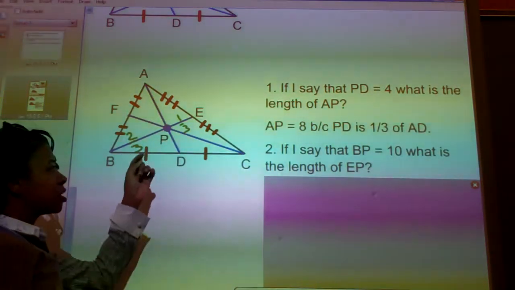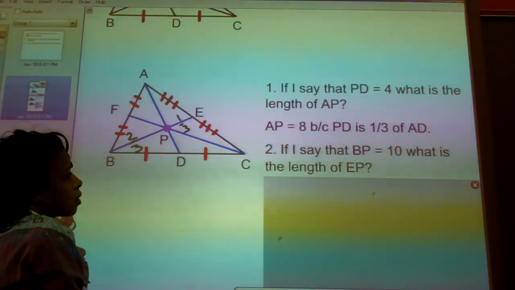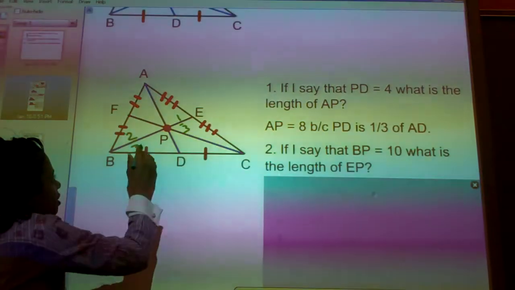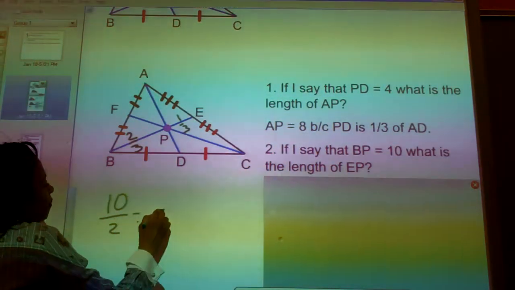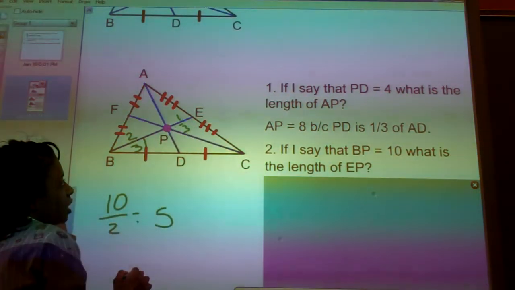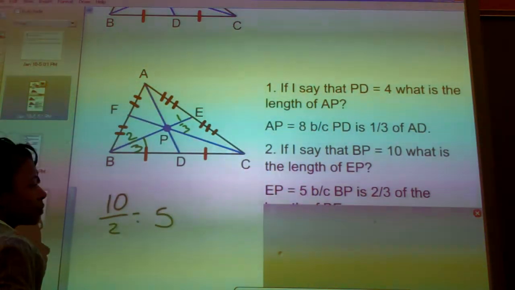If BP is 2/3 and I know that BP is 10, what is the length of EP? If I take half of 10, that is 5. That means each third is 5, 5, 5 to make 15. That means EP is going to be equal to 5.